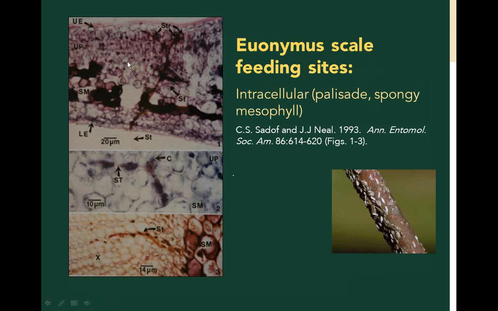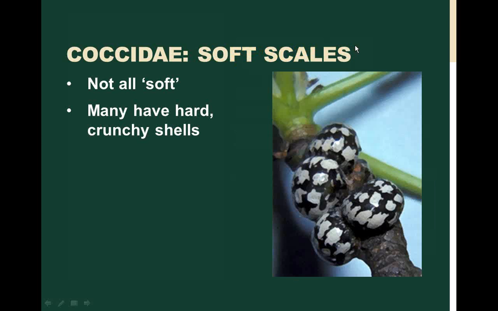This one is a hard scale that feeds in the spongy mesophyll, and there's a winged euonymus scale that feeds only on winged euonymus. This particular scale feeds mainly on the Chiatrovicus or the Manhattan euonymus. But this is where they feed, right in this area. And one of the problems is that they're not picking up a lot of the normally used systemic insecticides.